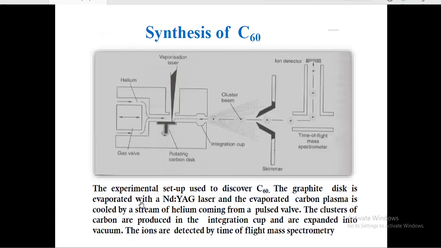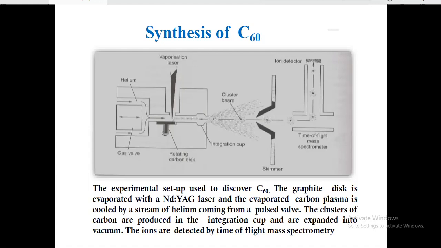So this is the synthesis of C60. You can see this is the experimental setup used to discover C60. The graphite disc is evaporated with an Nd:YAG laser, and the evaporated carbon plasma is cooled by a stream of helium. You can see that the stream of helium is going through these gaps. So this is the graphite disc, which is being evaporated with the Nd:YAG laser, which we need to consider here a lot.